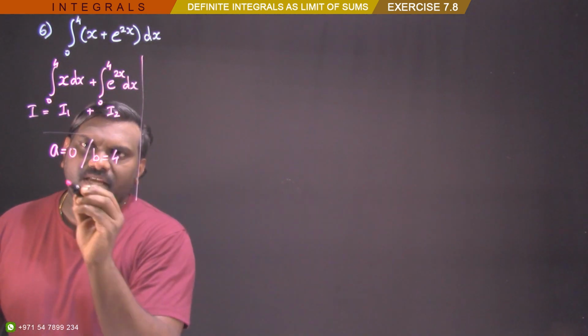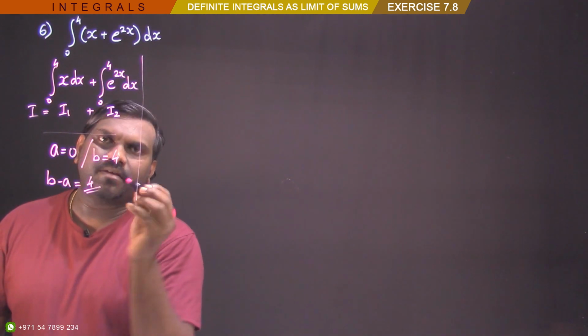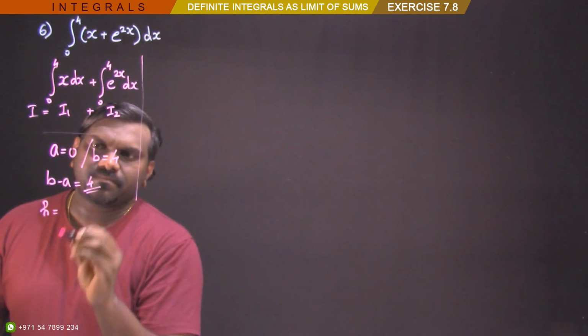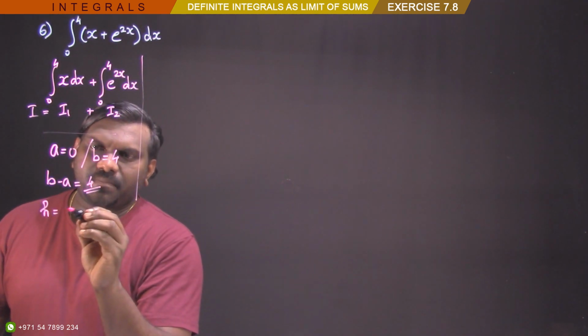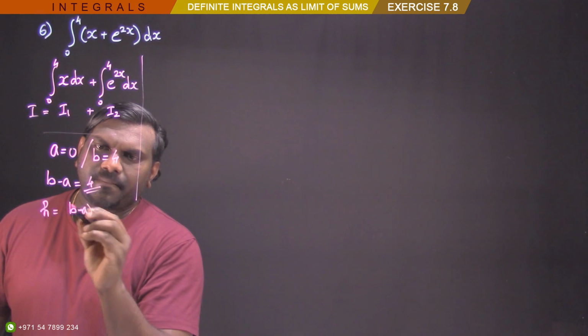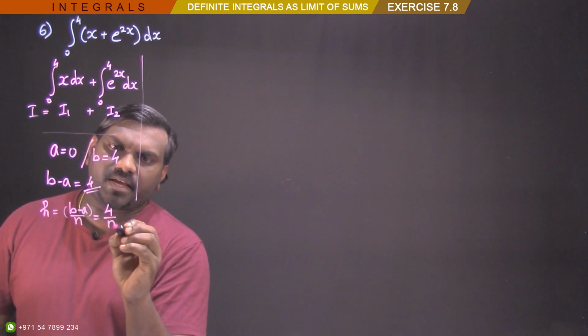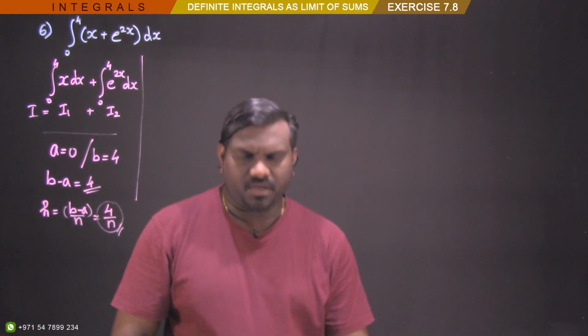And what is b minus a, dear? That is again 4, since 4 minus 0 is 4. What is h? That is going to be b minus a by n, which is 4 by n. That is h in value, not height, according to the formula.